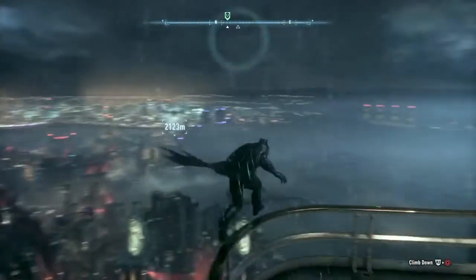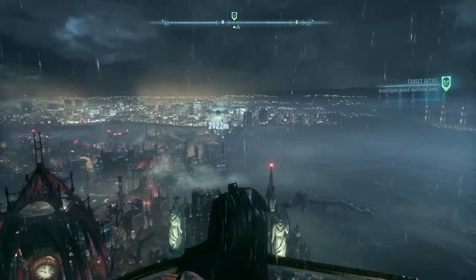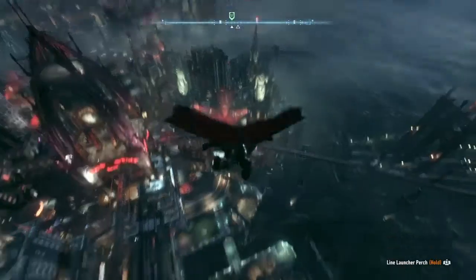Body on Merchant Bridge. If I'm going to stop them, then I need to investigate the crime scene for clues.